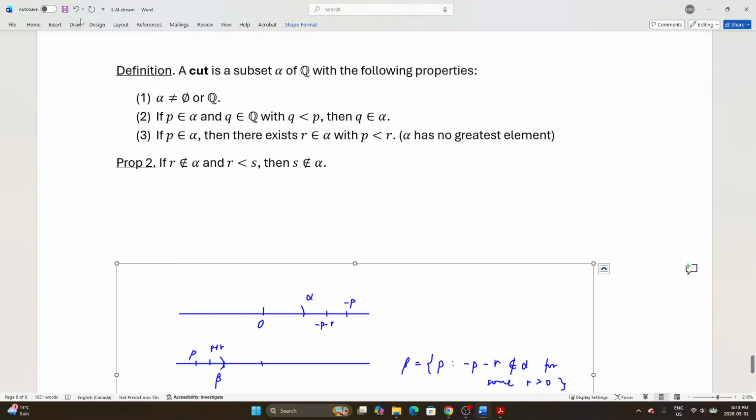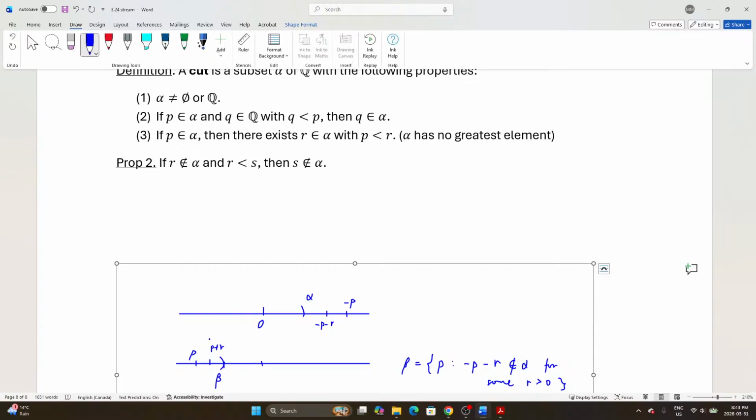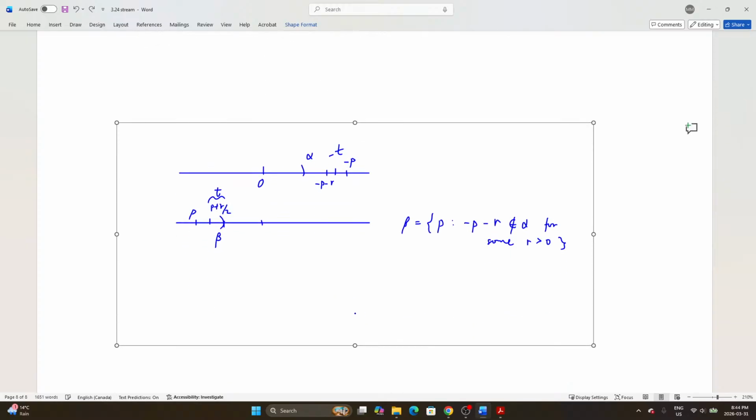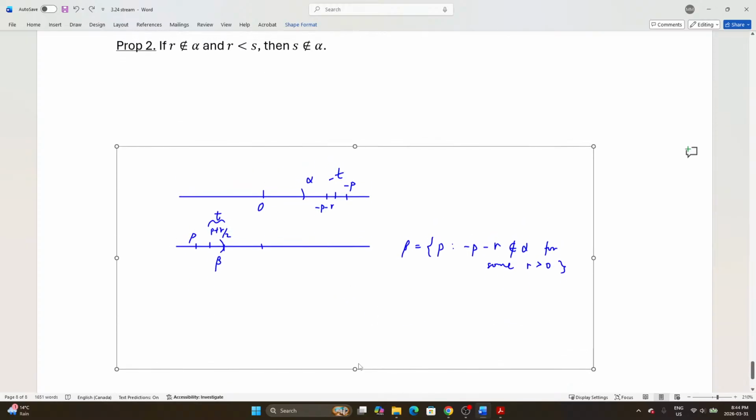So back to the diagram, this is my t, so to say, and that's not an ideal choice. Let's pick t to be p plus half r instead. So this way, minus t is here. So immediately we have minus p minus r is less than minus t. I think that's better.